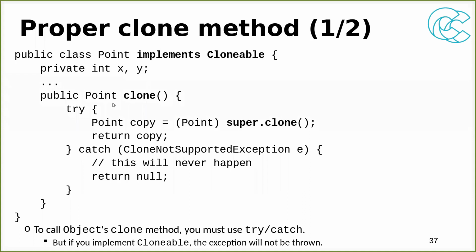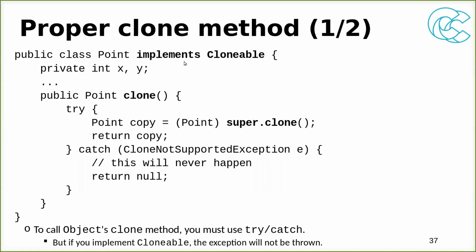If I don't implement Cloneable, can I still call super.clone in some other method? So I was coming to the explanation of this. You need to implement this try and catch precisely for that reason.